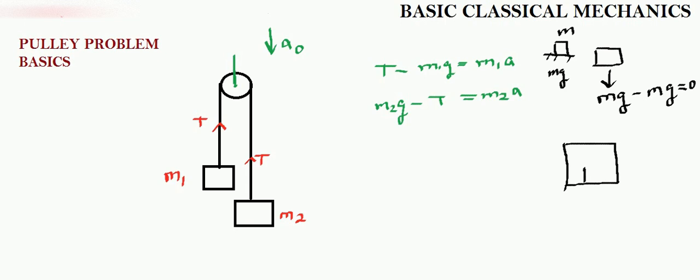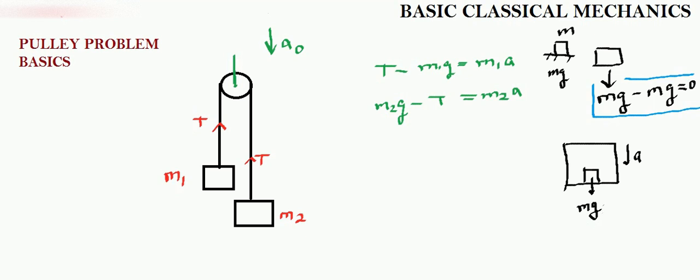So what is your weight? Normally your weight is mg, but if the lift is coming down with an acceleration a, then you will feel a little bit of weightlessness, not complete. Agreed? In the first case you will feel full weightlessness because you are freely falling, but in this case you will feel only a little bit of weightlessness.